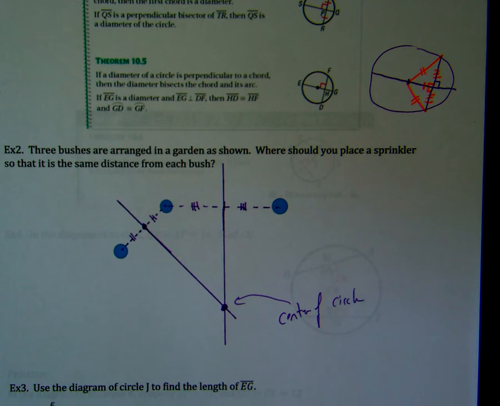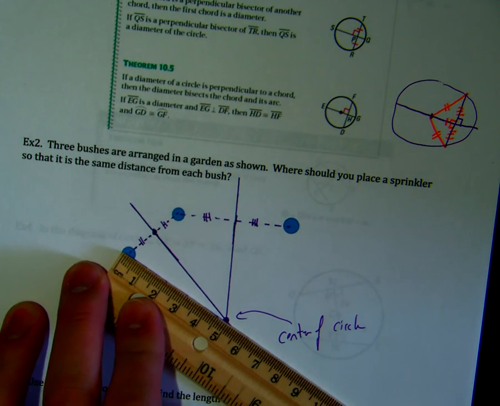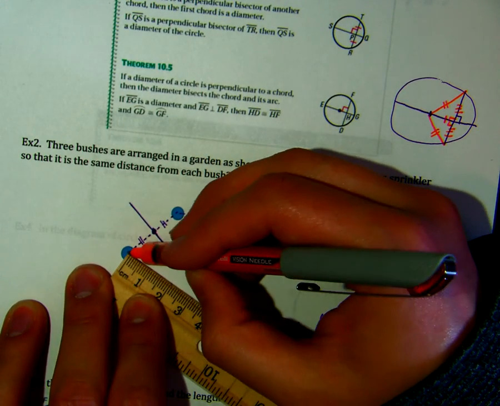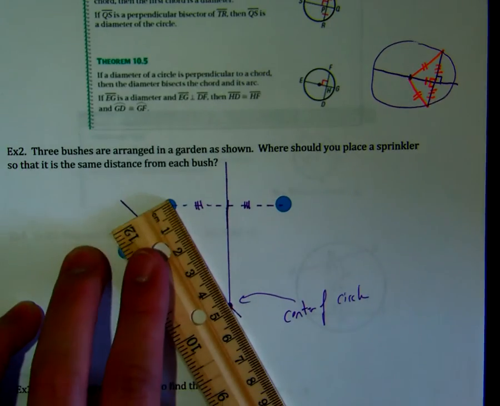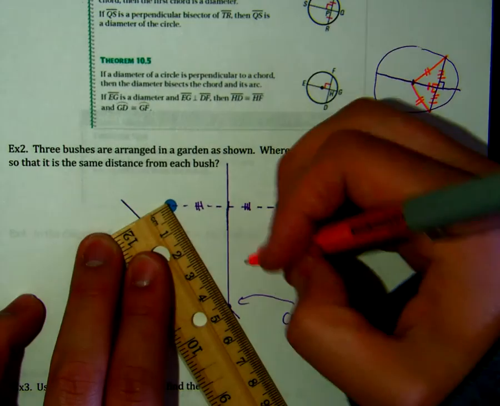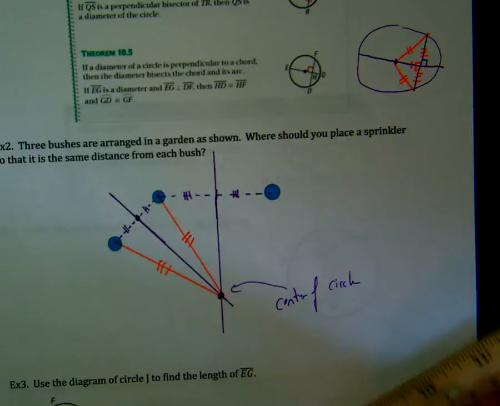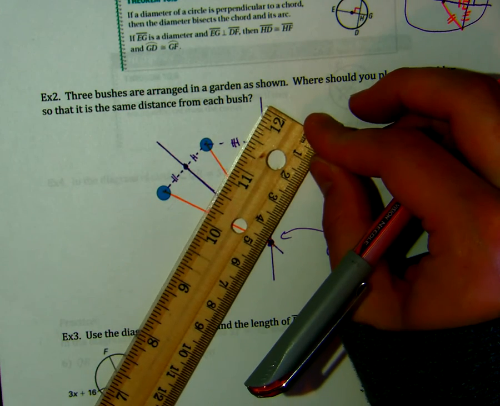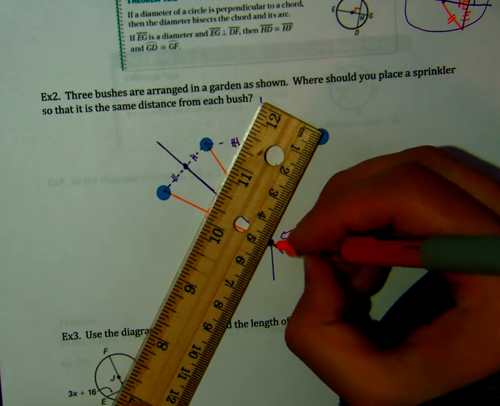If this works out well, this is just a little above 4.5 centimeters from here to here, a little over 4.5 centimeters, and here to here, hopefully a little over 4.5 centimeters.